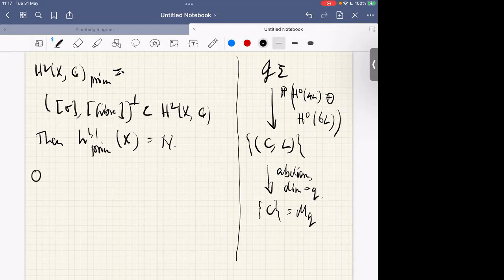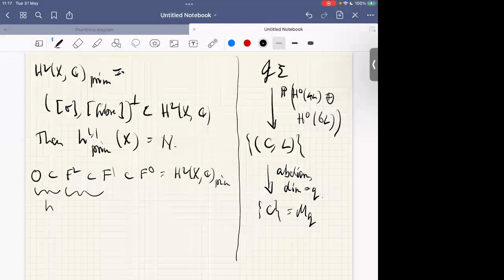So I've got 0. This piece is of dimension h. This piece is of dimension n. And this piece is of dimension h again.